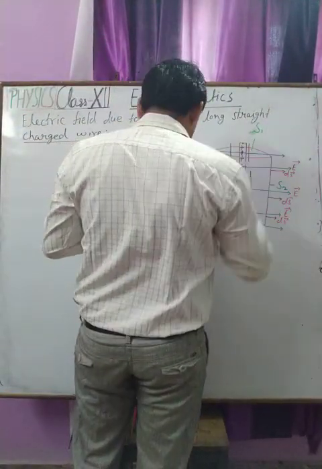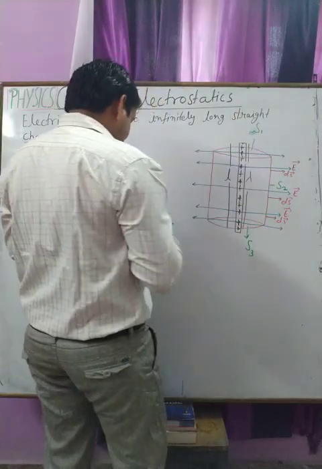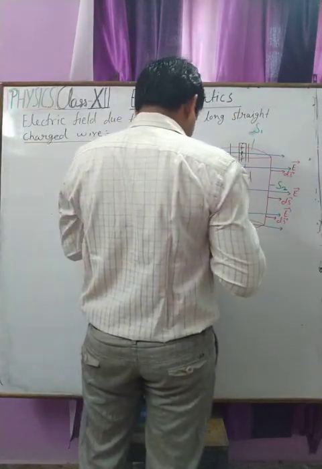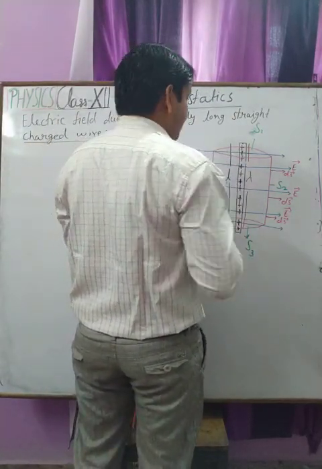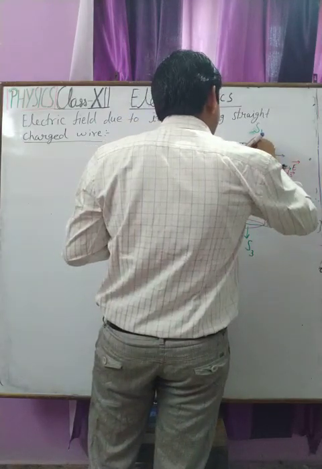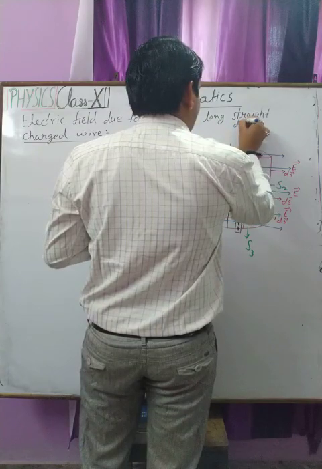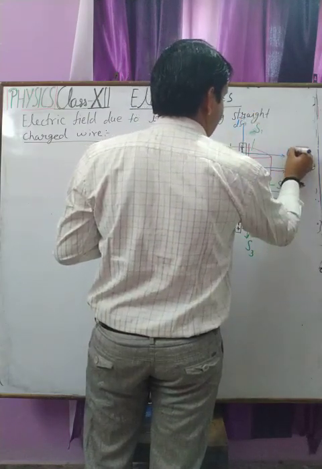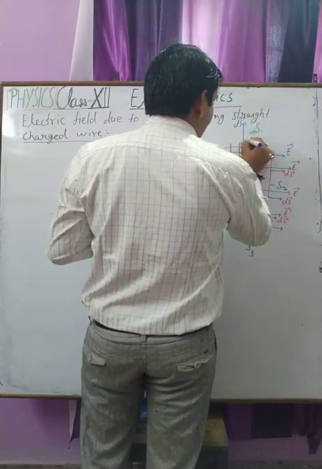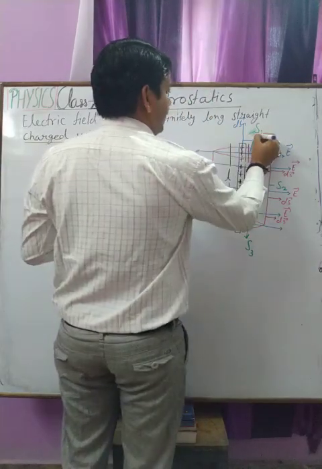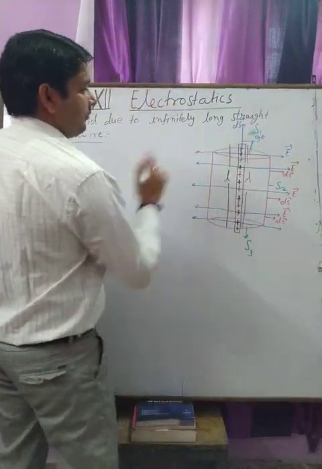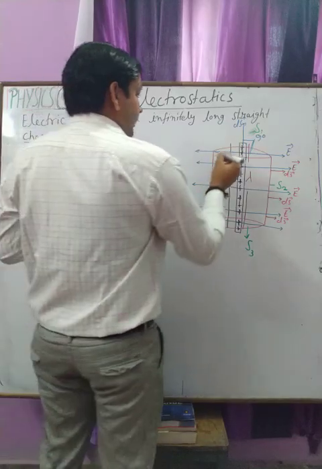And for the area vector for the flat surface, this is vector ds and this is vector E, and the angle between them for the flat surface is 90. You all observing here. Okay.